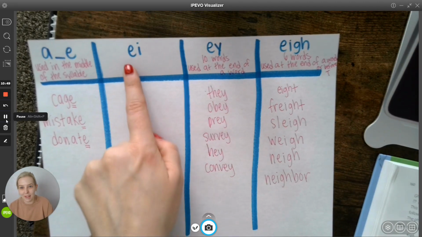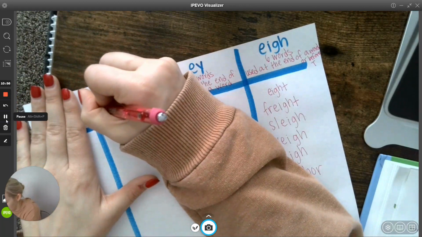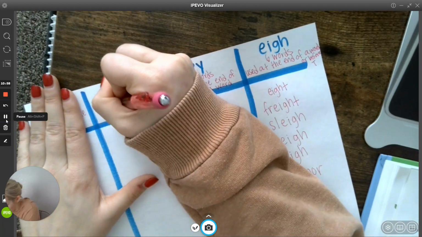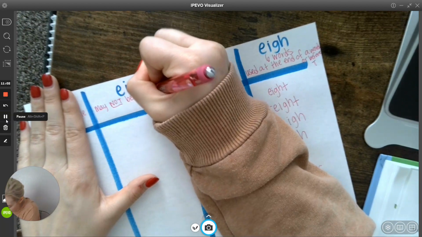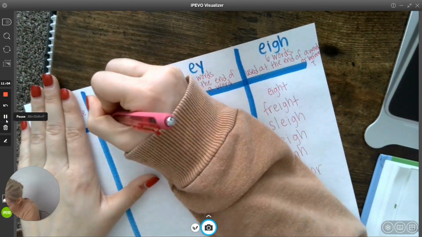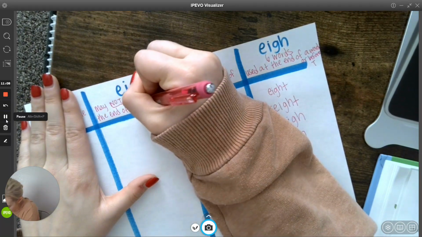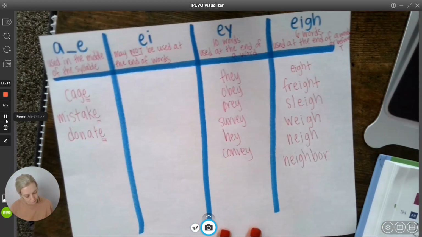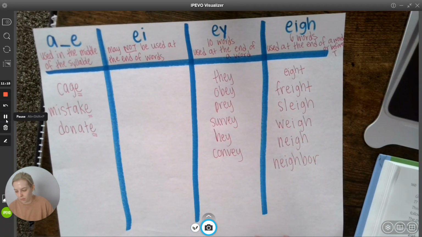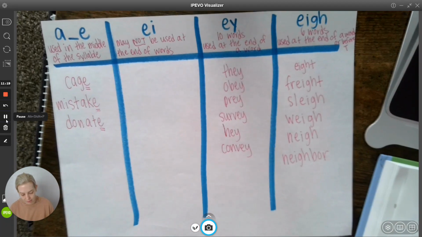And then this one we know may not be used at the end of English words. So these are going to be all in the middle of the syllable.